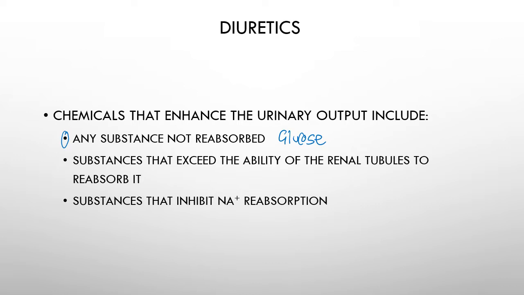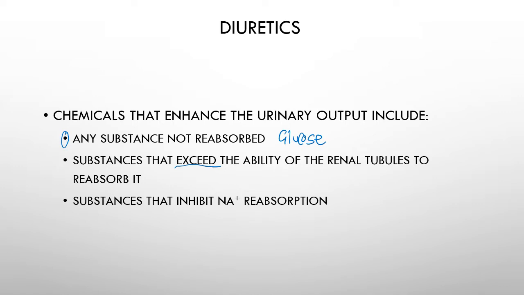Glucose falls under the case where it exceeded the ability to be reabsorbed, rather than something that is completely not reabsorbed whatsoever, something we don't have the ability to pull back in. Glucose is a case where we have too much of it, and so it gets stuck in the tubules.